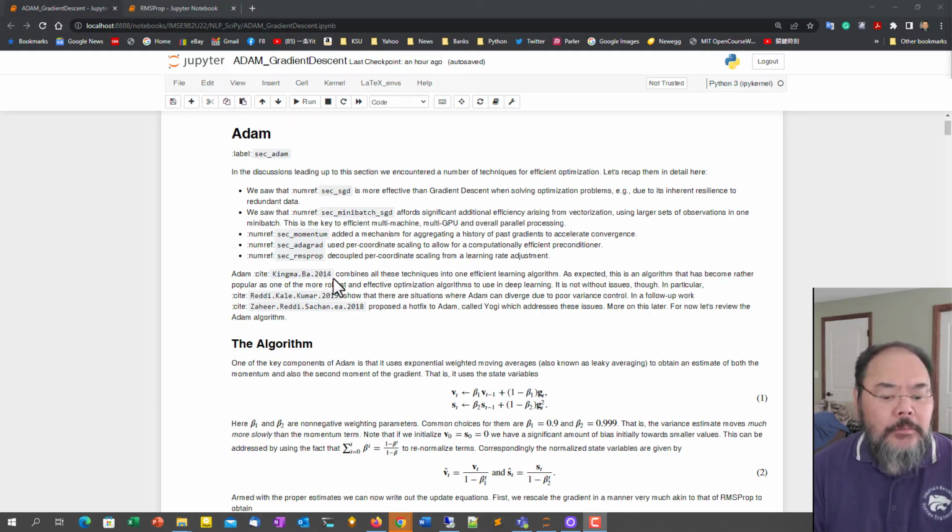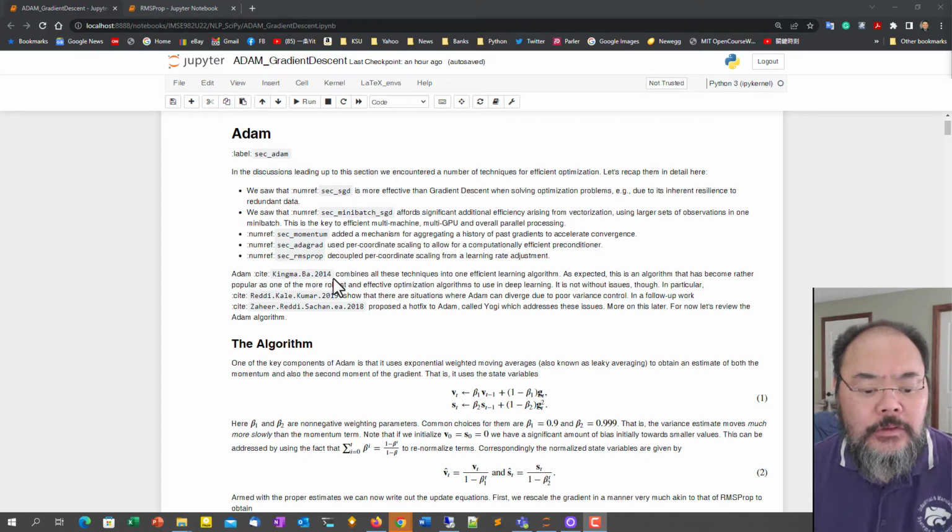However, the Adam algorithm actually has some issues we will discuss later. Also, in 2019, the Adam algorithm was shown to have poor variance control, and sometimes can fail to converge at all.